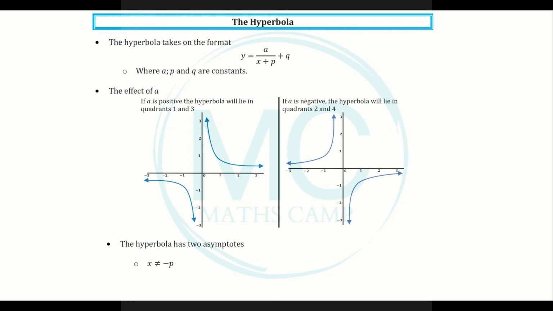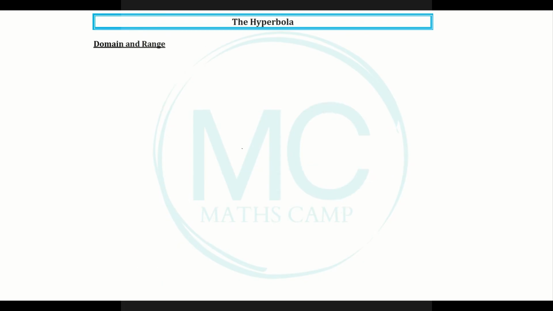If x has a coefficient, to find the asymptote, make the denominator of the fraction equal to 0 and solve for x. Your a value will never be 0. This means that this fraction will never be equal to 0, which means that y will never be equal to q. Now let's look at the domain and the range.